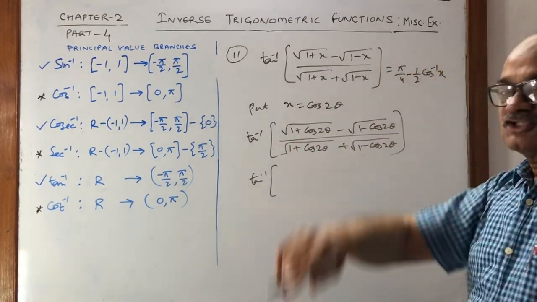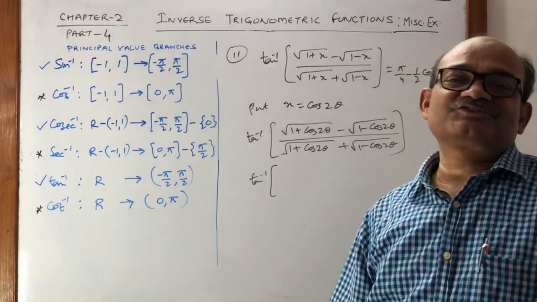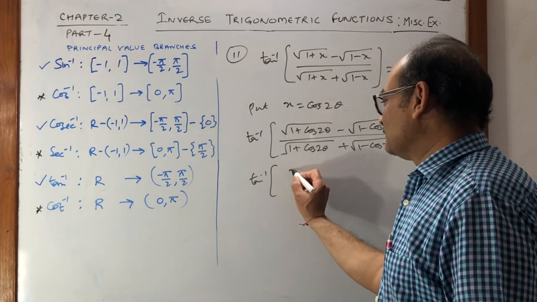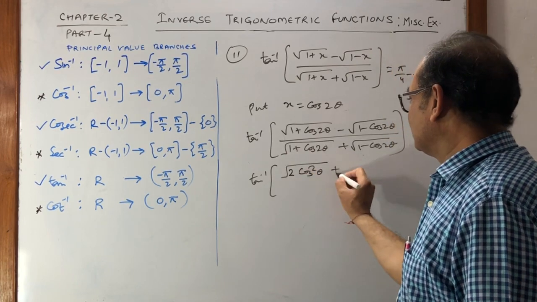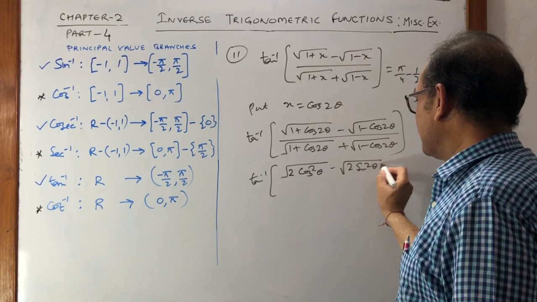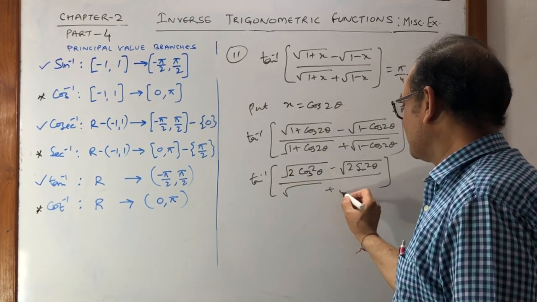What is 1 plus cos 2 theta? Tell me. 1 plus cos 2 theta is 2 cos square theta. So it will become 2 cos square theta minus 2 sin square theta. Similar thing is here. You have to complete yourself.